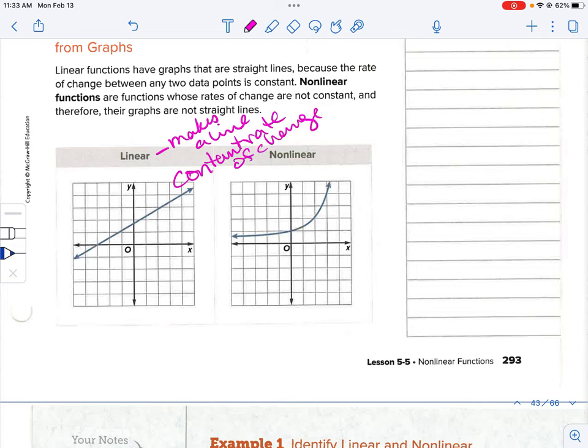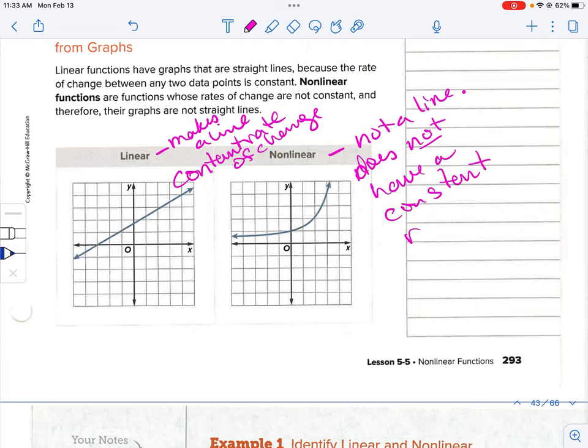Okay? Same rate of change the whole time through. Not a line. Not a line. Does not have a constant rate of change.